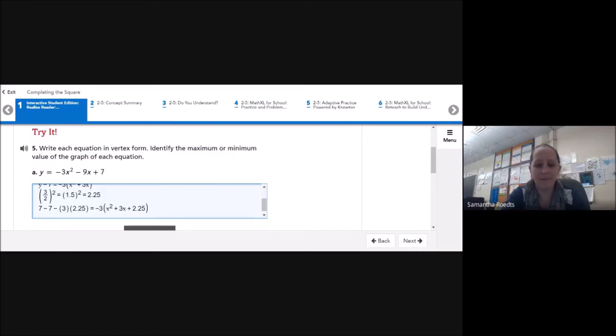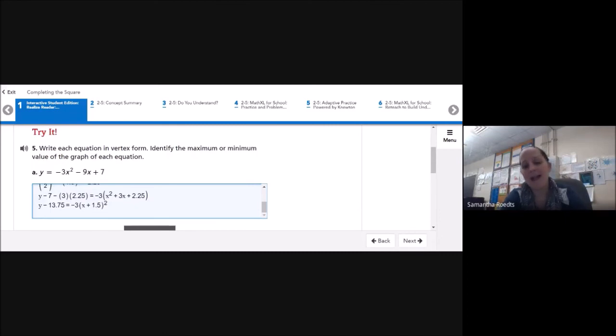6.75. Oh, that's supposed to be y. All right, so 3 times 2.25 is 6.75, and negative 7 minus 6.75 gives me negative 13.75 equals negative 3 times x plus 3/2, or 1.5, squared.